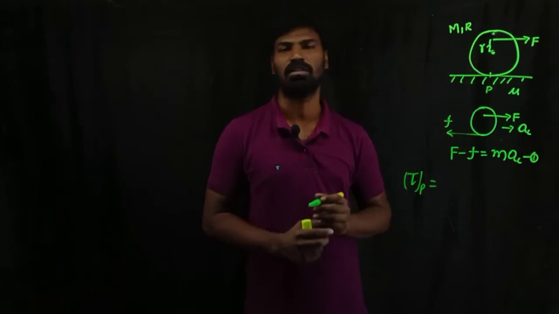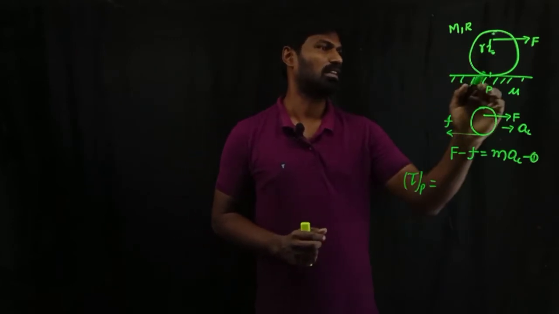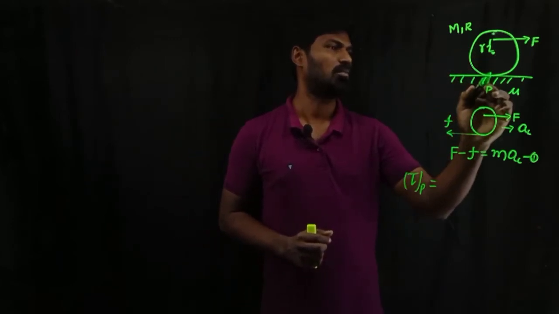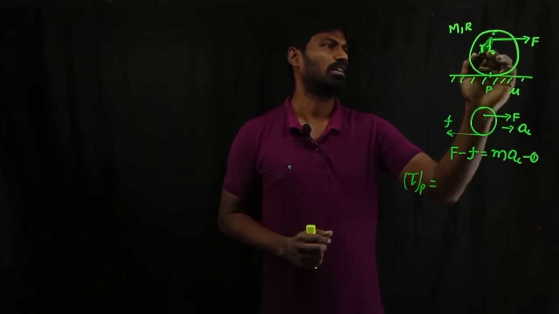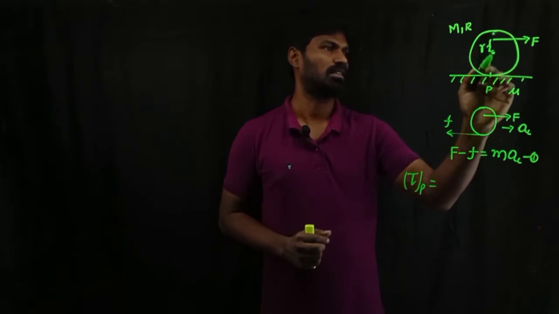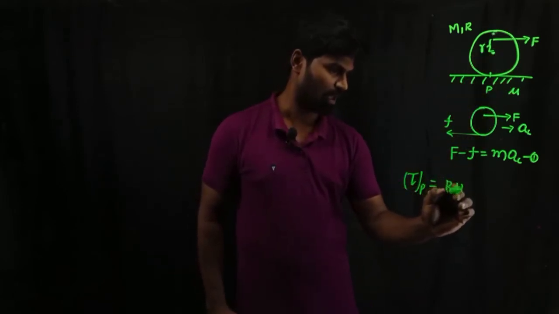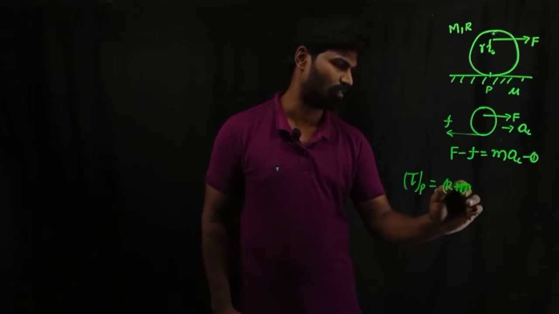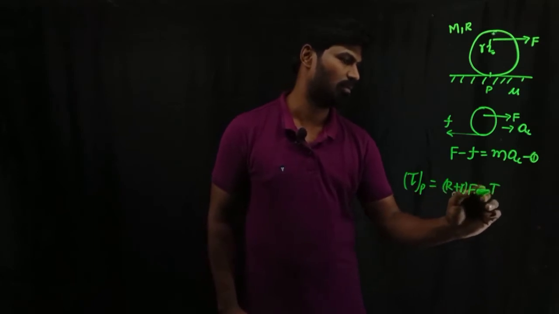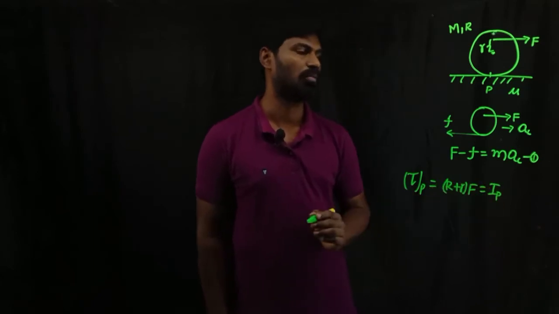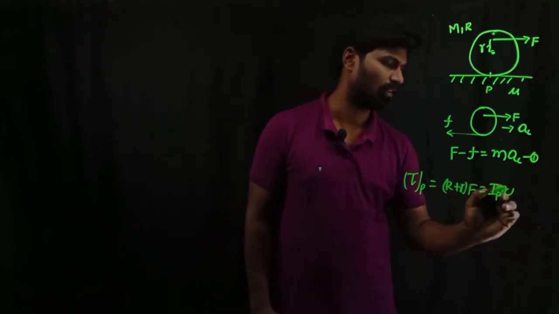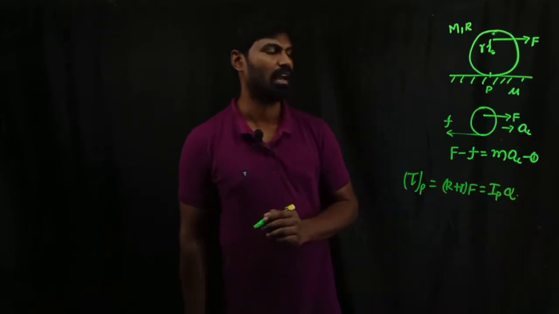Directly I can write down the torque due to applied force only. The perpendicular distance between this point and the line of action of the applied force is capital R plus small r. So (R plus r) into the applied force F is equal to I_P, the moment of inertia about P, into alpha, where alpha is angular acceleration.